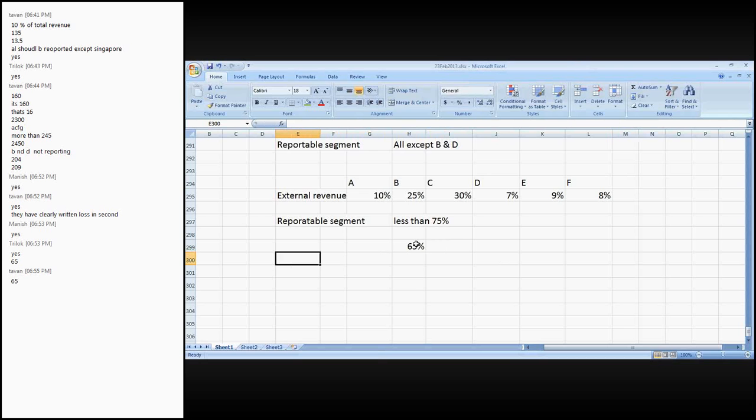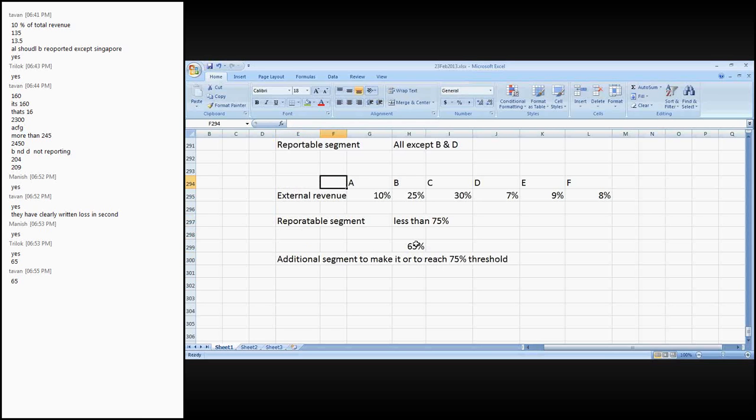That means we'll have to report additional segments to reach the 75% threshold. Which segments can I report to reach this?